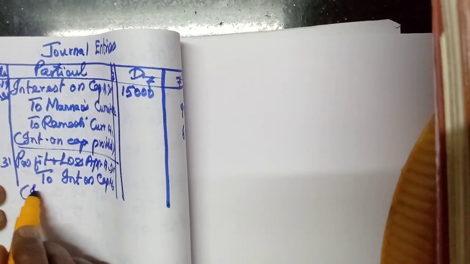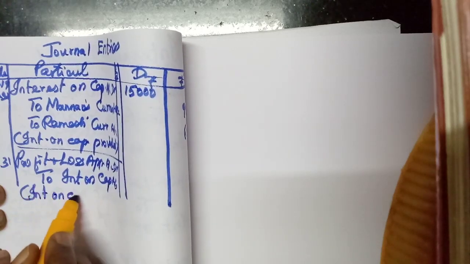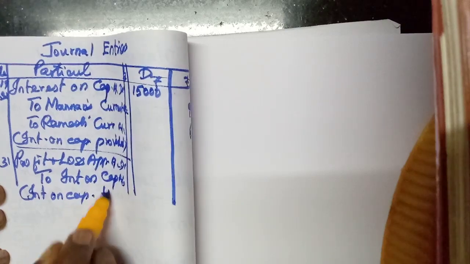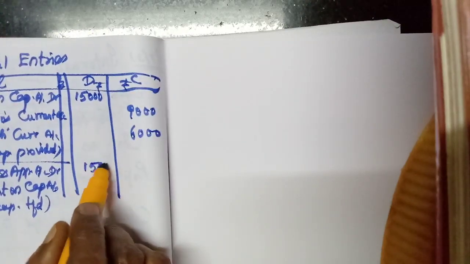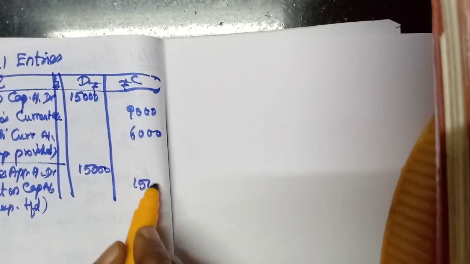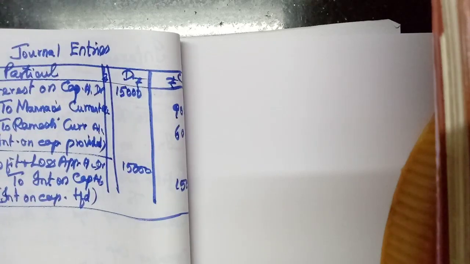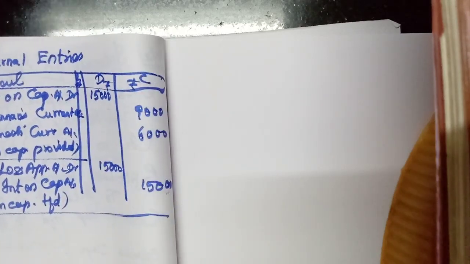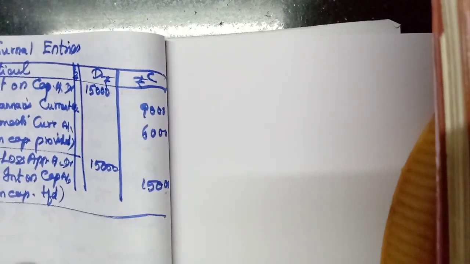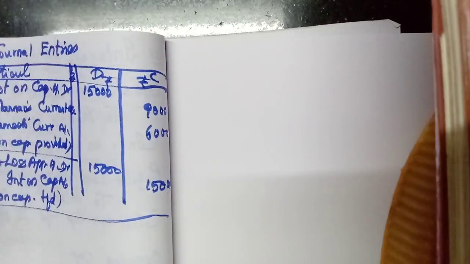Interest on capital transferred. You write fully. 15,000, here 15,000. That's all, 2 journal entries. Then we will see the 6th exercise.